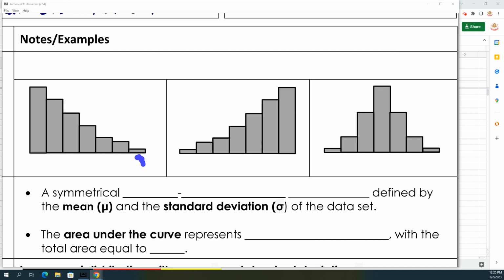So this one is going to be positively skewed. Right, and then the second one is too short on the negative side, so it's going to be negatively skewed.